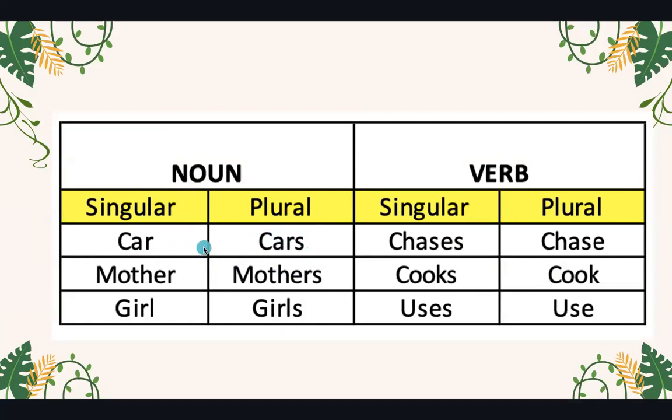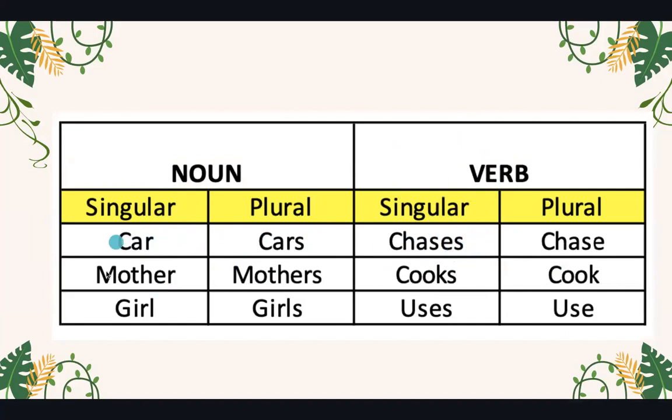A singular subject takes a singular verb, and the singular verb is chases. So always remember, class, that a singular subject takes a singular verb and a singular verb always ends with S.